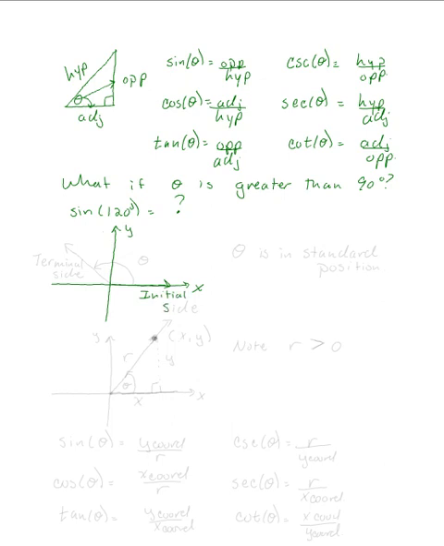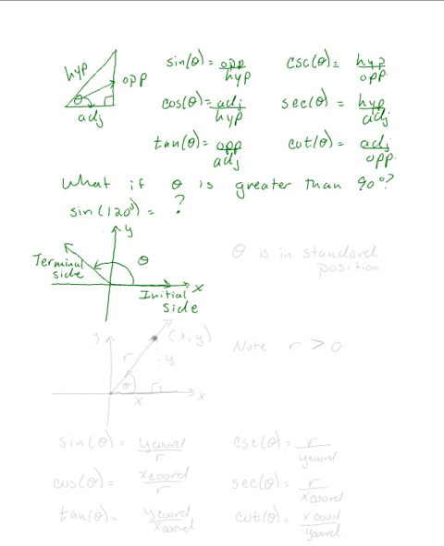The initial side on the positive x-axis. And then we're just going to spin around to get the angle in there. The side here is called the terminal side. So the initial side along the positive x-axis, the angle theta, and then that terminates on the terminal side.